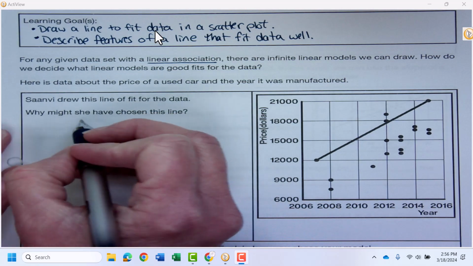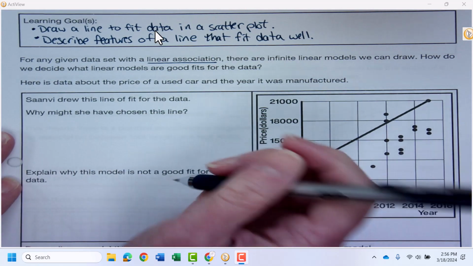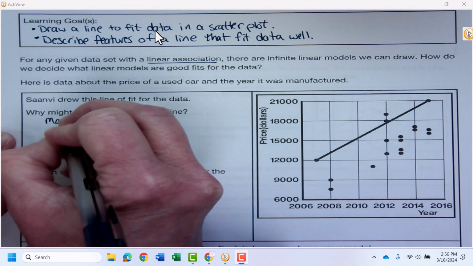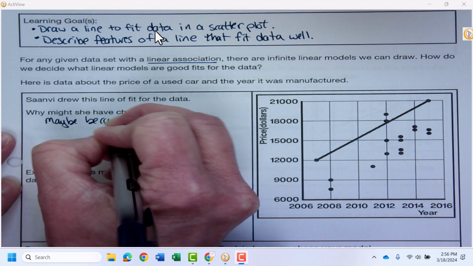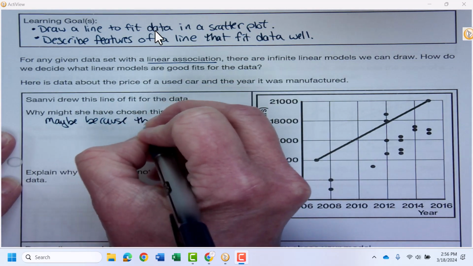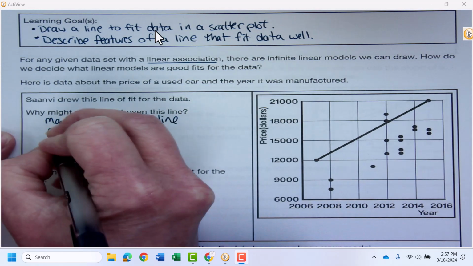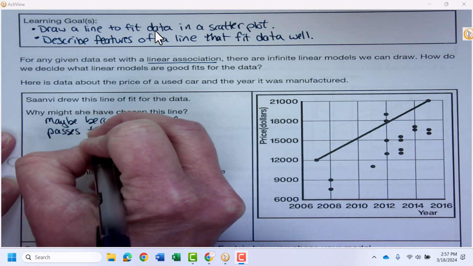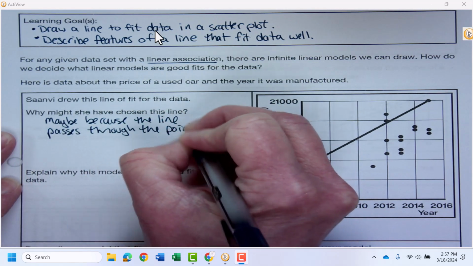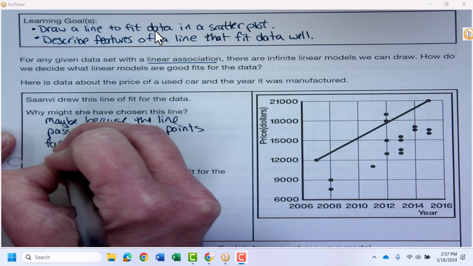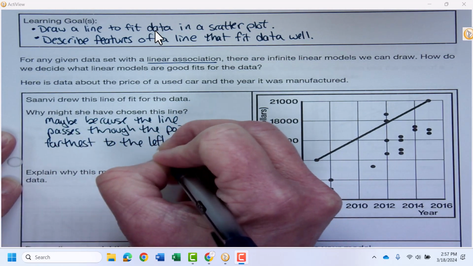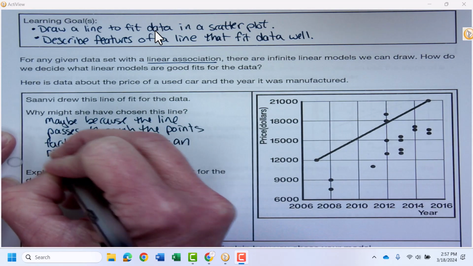So let's talk about why she might have chosen this line and why it's not really a good fit. Maybe because the line passes through the points farthest to the left and right on the scatter plot.